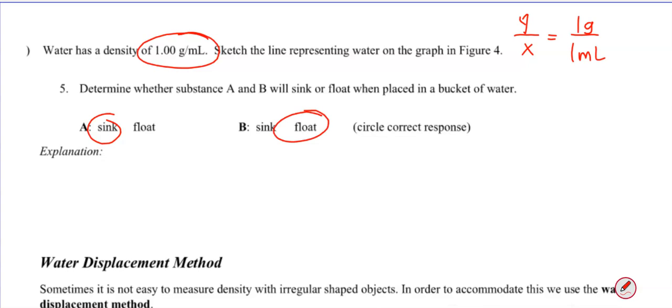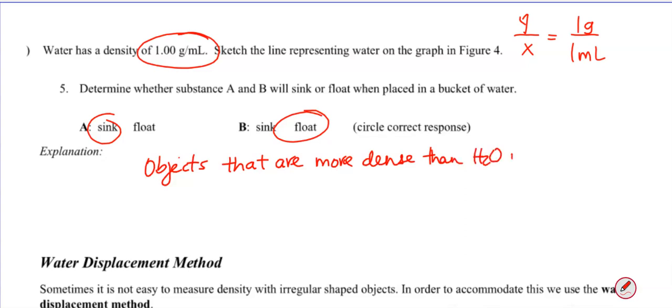So I would say objects that are more dense than water, it doesn't have to be water, but this is the example we're using, will sink. And objects that are less dense than water will float.